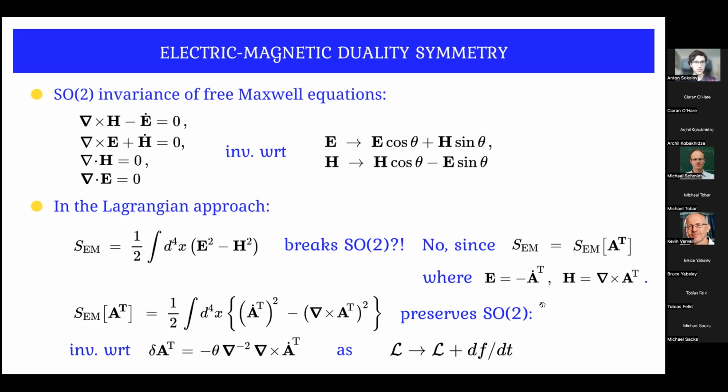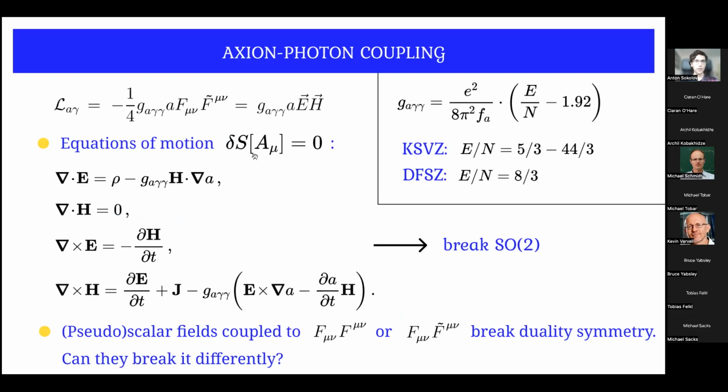So now the question is, what if we introduce axions? We can see easily that when we introduce the axion in a conventional way, like axion times F F-dual, or axion times electric times magnetic field in the Lagrangian, and vary over the four-potential A mu, we derive equations of motion which actually break the electric-magnetic duality symmetry.